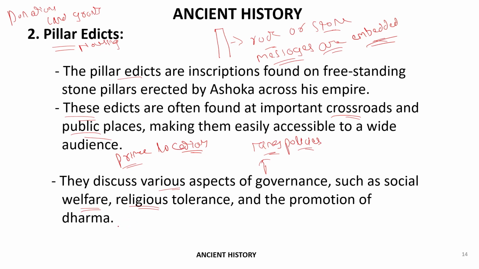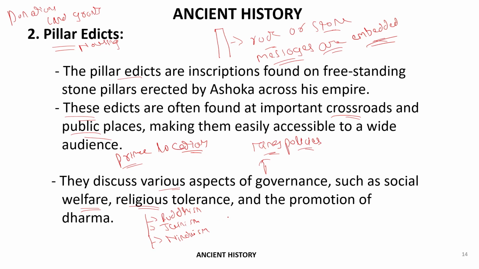Okay, and religious tolerance, because at that time Buddhism, Jainism were at peak along with Hinduism. So there were people from various areas. That's why Ashoka wanted them all to live peacefully together.